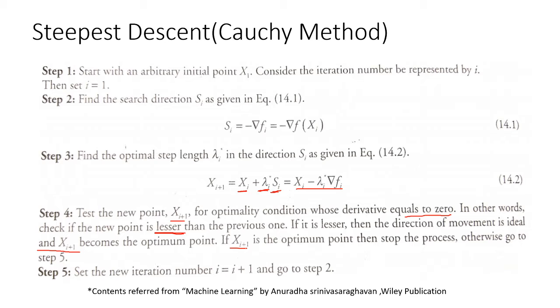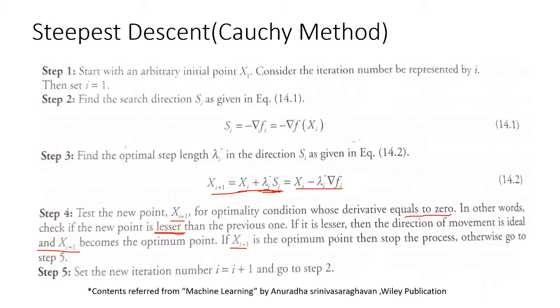Step 5 means we need to repeat the process. Through the third step, we find the next step, in which direction we have to move. Xi is the current position, lambda is the length we are supposed to move, and Si is the direction.